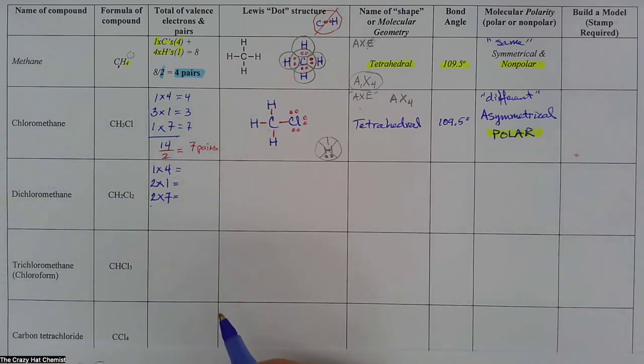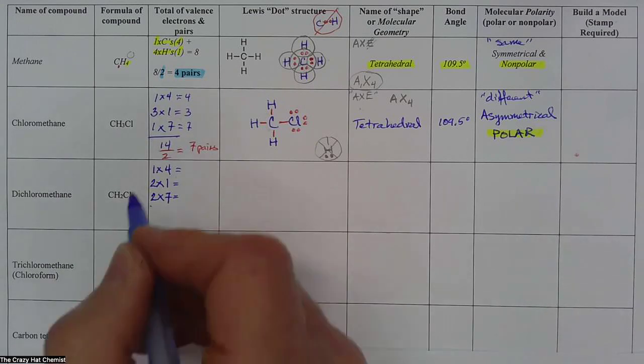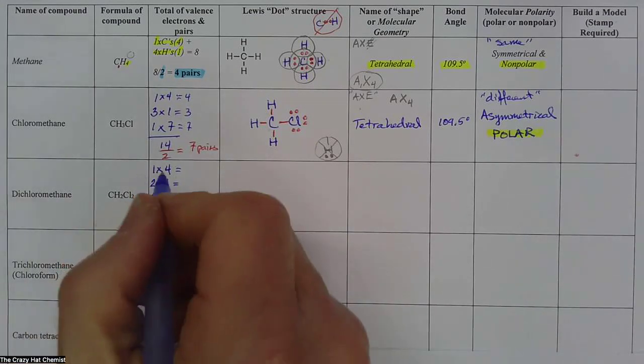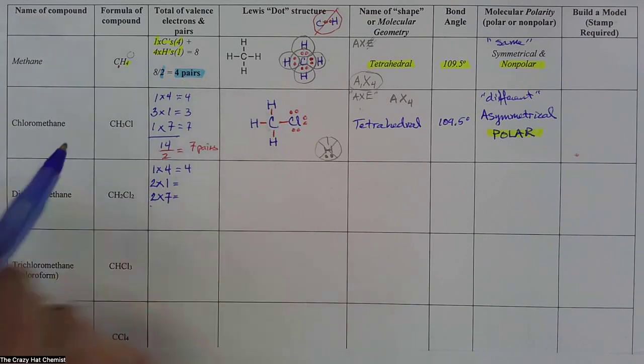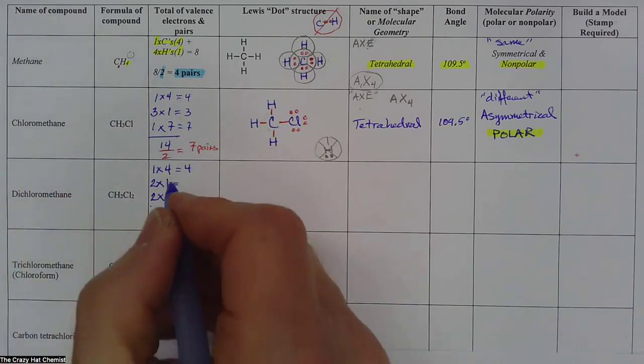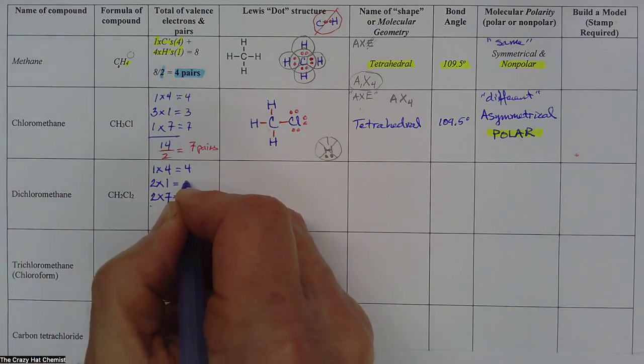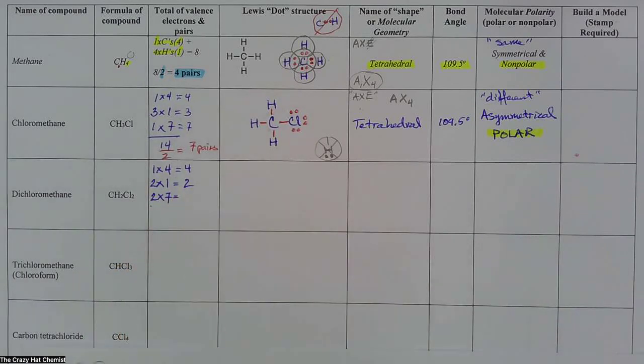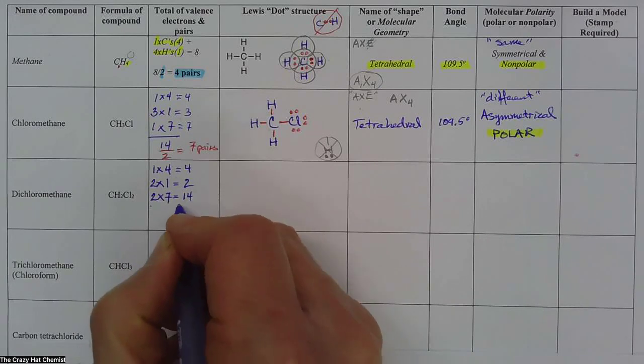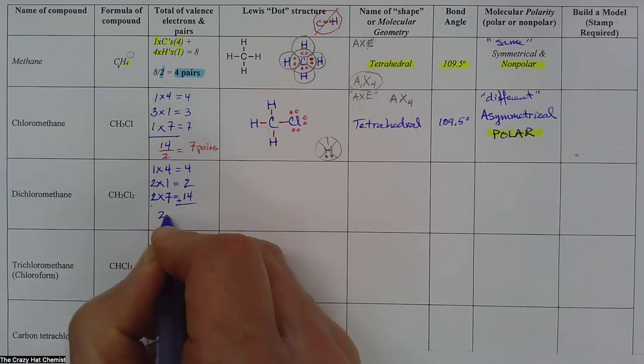We got 1 times 4, that's 4. We got 2 times 1, that is 2. And then we got 2 times 7, that is 14. We're going to add all these up, that equals 20.